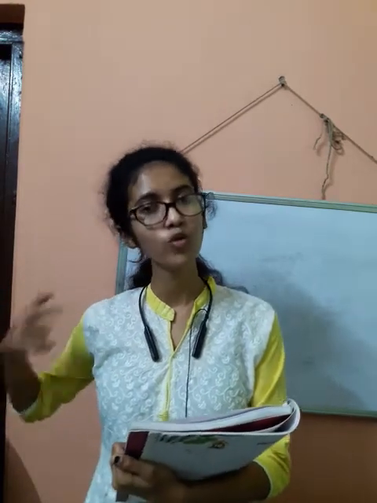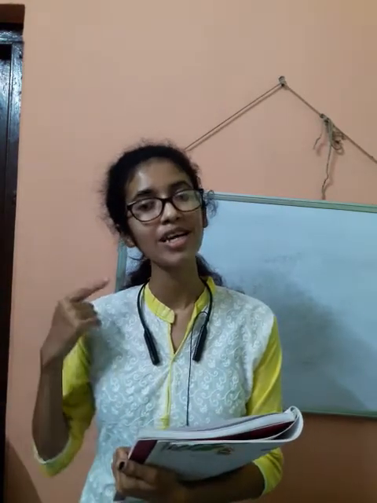So, when an antecedent, meaning a noun, is getting replaced by a pronoun, obviously the pronoun will follow the number and gender of that noun. This is very obvious. You cannot use the pronoun they for a singular person. Like, Renuka is a nice girl.